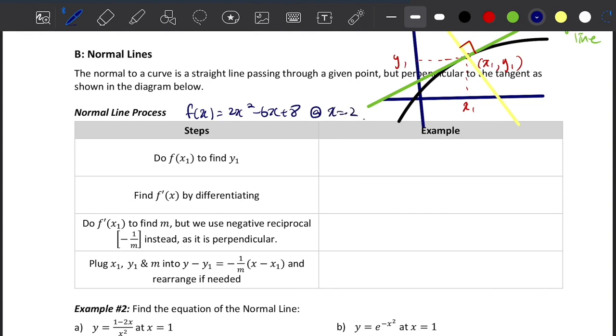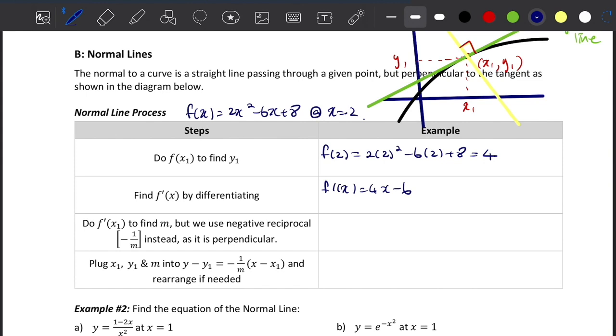So we do everything the same. We start with finding the y value at this specific x value. Okay, so y value is equal to 4, and we still differentiate this function. So f prime of x equals 4x minus 6.